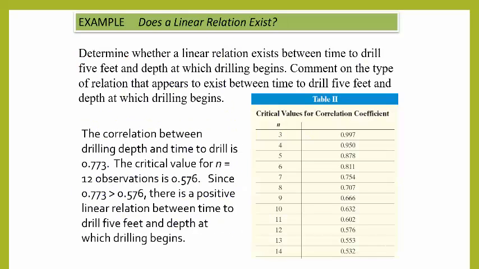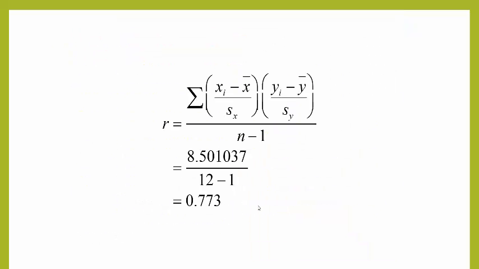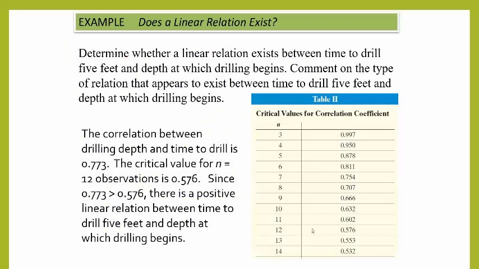All right, so here we're going to determine if there's a linear relationship. This is what Table 2 looks like. Here's our sample size. If you look back at this problem, the sample size was 12. So you'd go to 12 along the n value, which is right here, and here's the cutoff value.